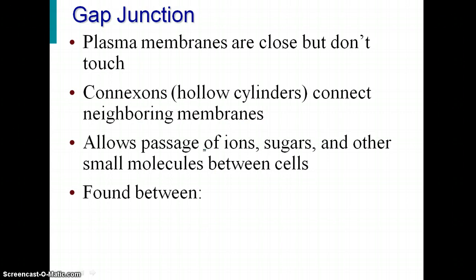And then the last type is called a gap junction. And in this one, the plasma membranes are close but also do not touch. For these, they will have hollow cylinders called connexons that are going to connect neighboring membranes. They will allow for the passage of ions, sugars, and other small molecules to go from one cell into the next.